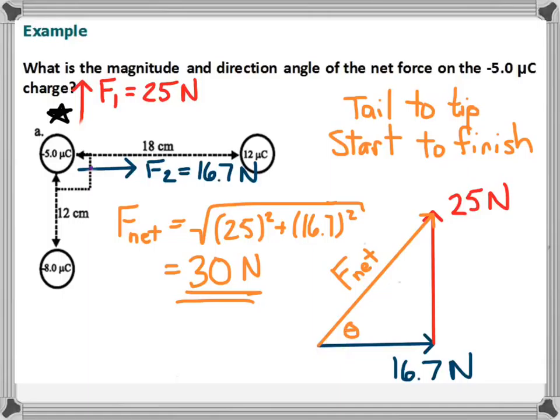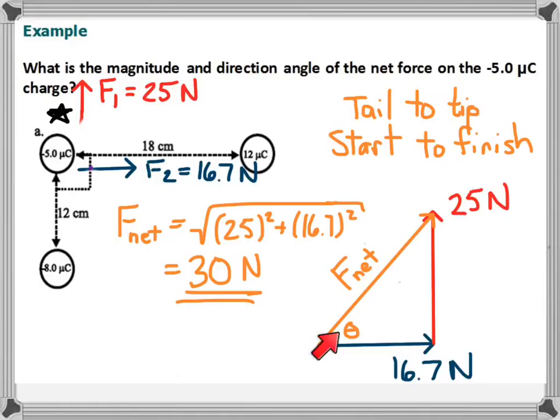If I'd drawn it the other way, I would have a triangle that looks like this, and I wouldn't be able to define a direction angle with respect to the x-axis. I would end up defining one with respect to the y-axis instead. And that's not what you typically did in math class. So move the y vector. That's all I have to say about that. So move the y vector.